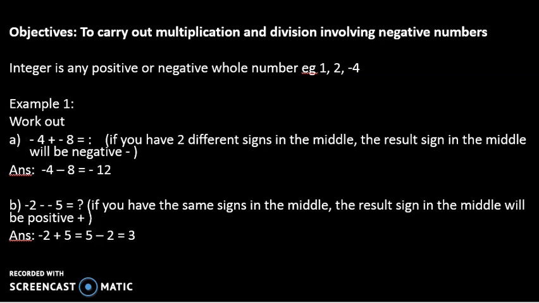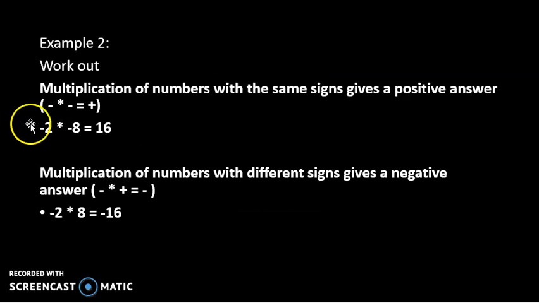Okay, so let us look at multiplication now. Work out negative 2 times negative 8. Now I've made it simple for you here. If you multiply two numbers with the same sign, the answer will be a positive answer. What do I mean?